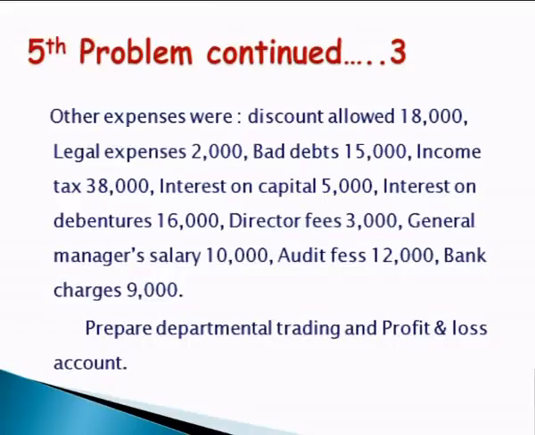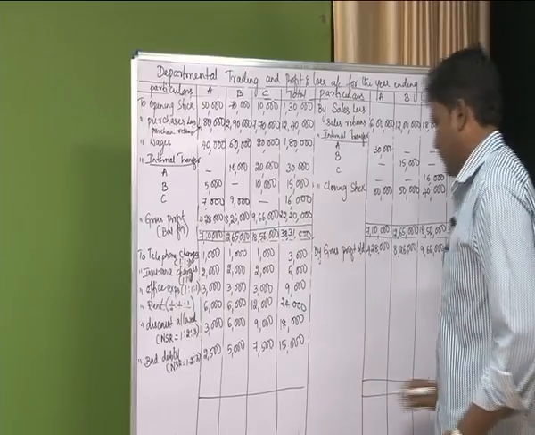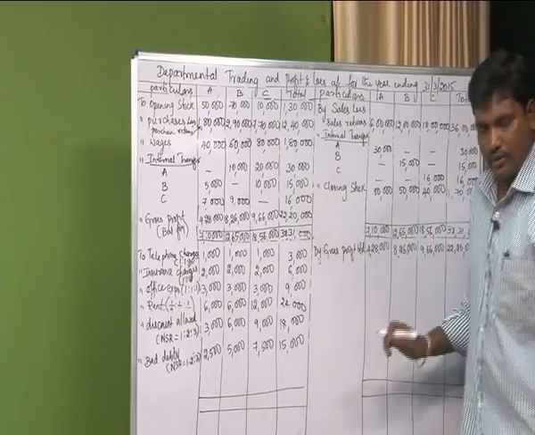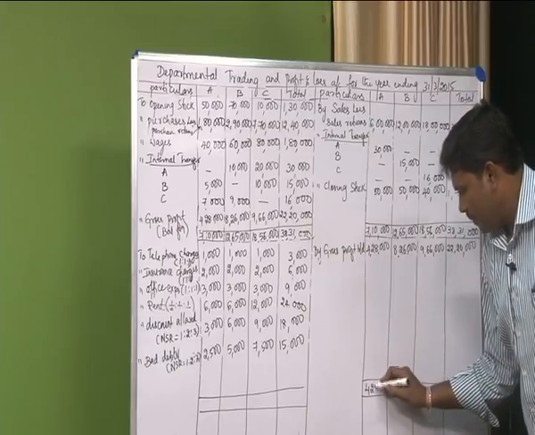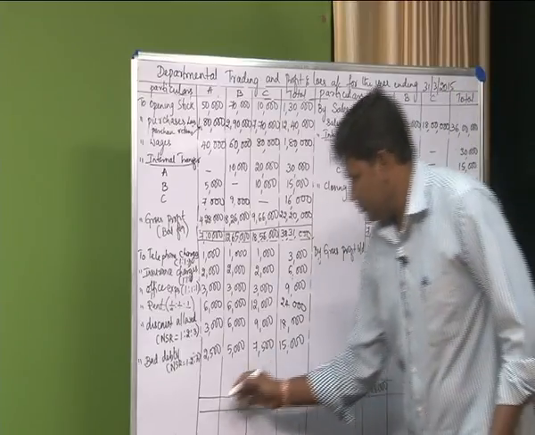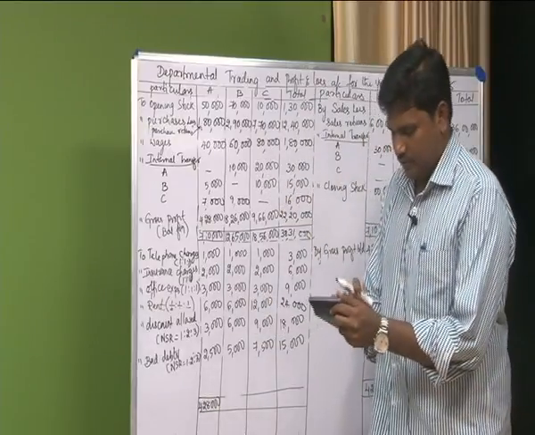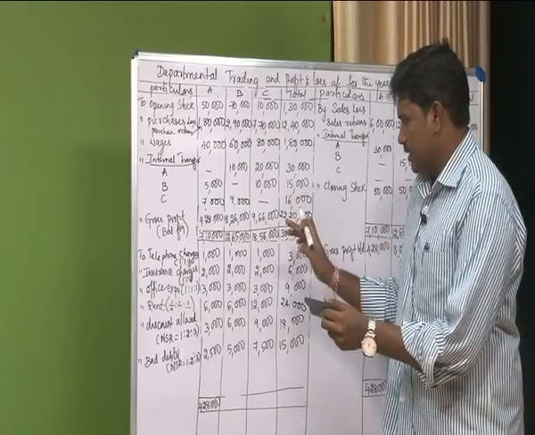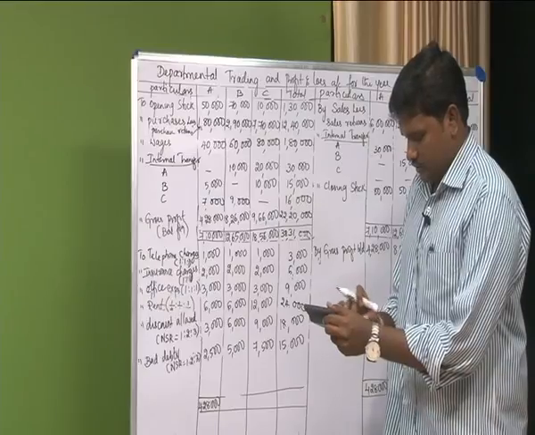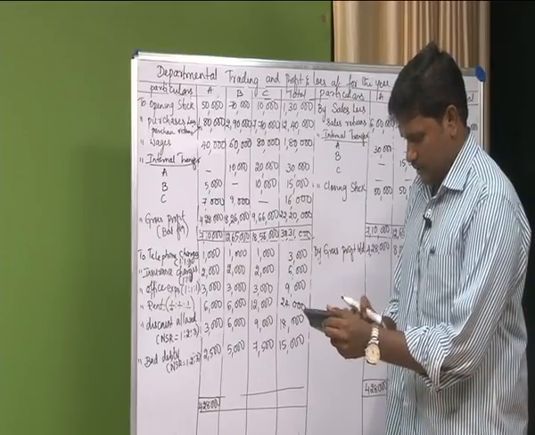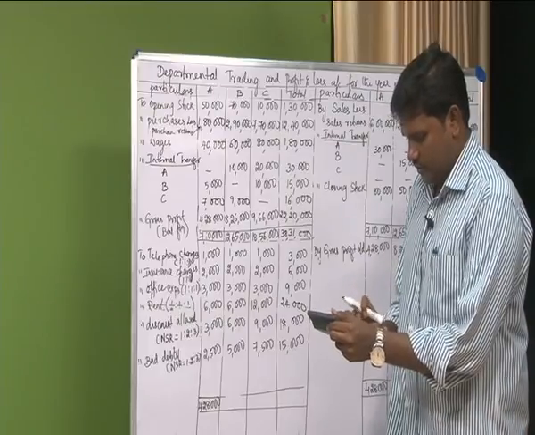Now we will total this. So we will total 4,28,000 minus all expenses: 1,000, 2,000, 3,000, 6,000, 3,000 and 2,500.